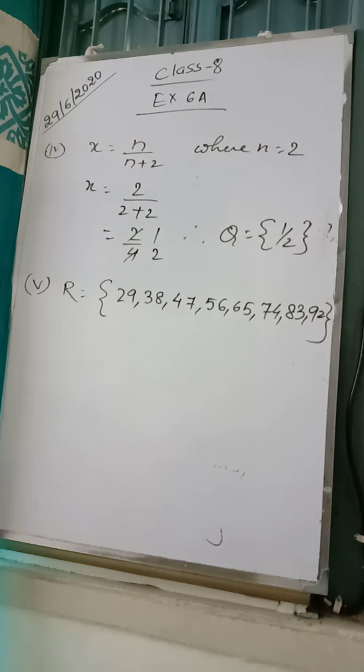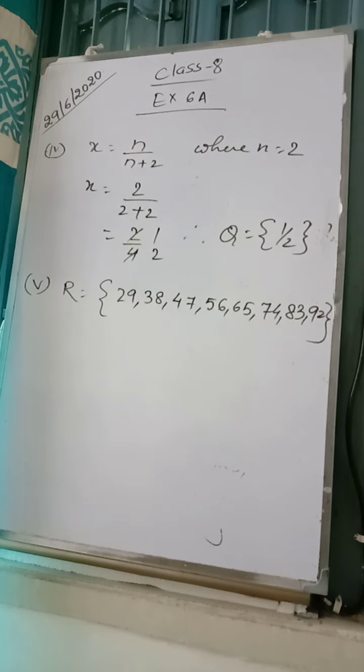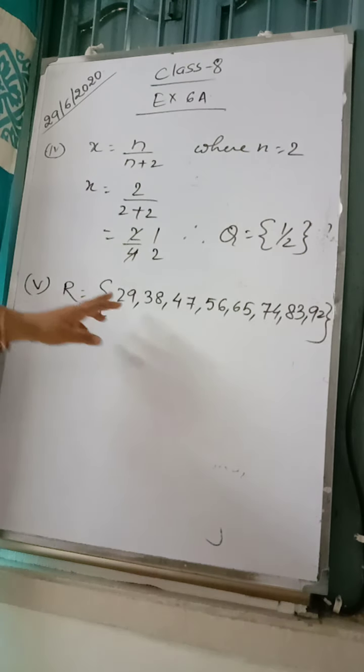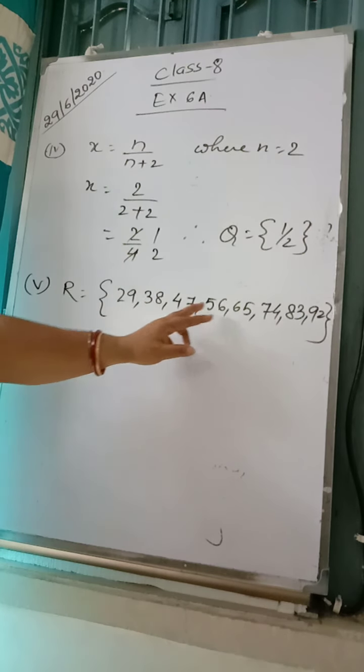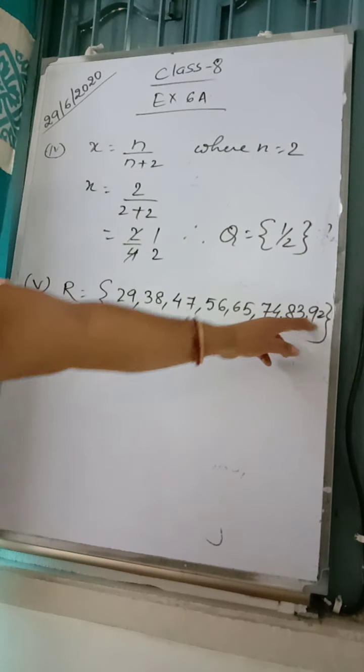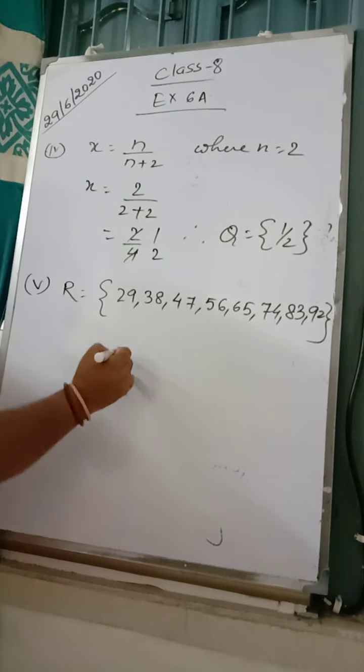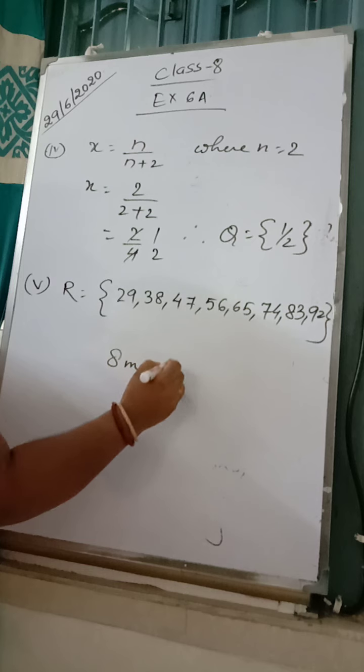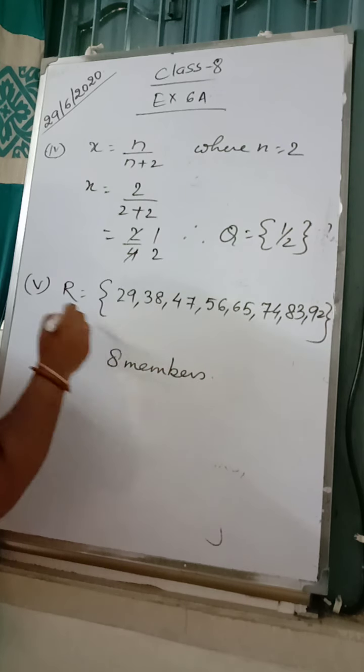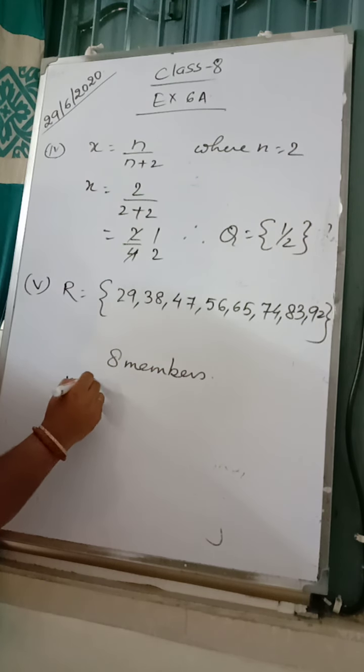Next we have cardinal number of set. The total number of members is known as cardinal number. As an example, when the sets are written in roster form here and you have 1, 2, 3, 4, 5, 6, 7, 8 members. It has 8 members or 8 elements. So how to write cardinal number?